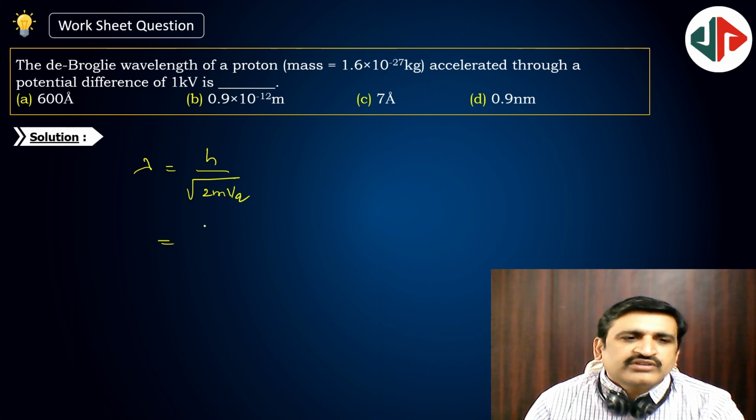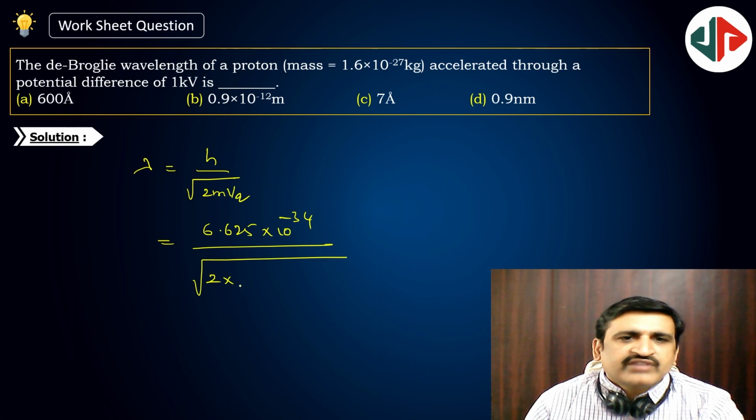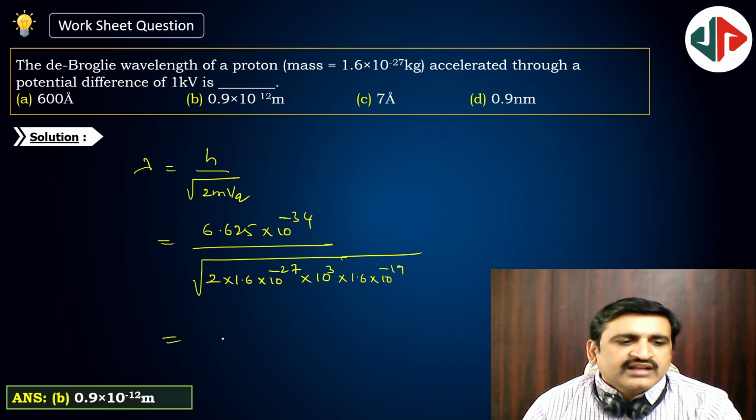H value you have to substitute, 6.625 into 10 to the power of minus 34 by square root of 2 into m value 1.6 into 10 to the power of minus 27, 2mV, 10 power 3, q is 1.6 into 10 to the power of minus 19. So on simplifying, you will get the answer as B.